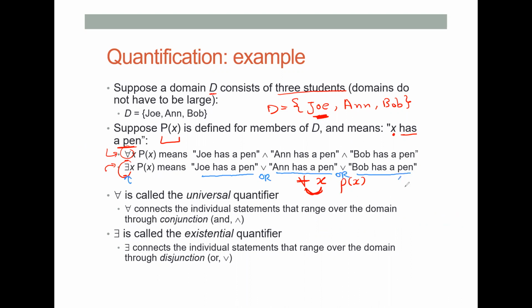So this is the difference between for all and there exists X where P of X is true. So the universal quantifier is an AND between all the instantiations, and the existential quantifier is an OR between all the instantiations. Okay, great.